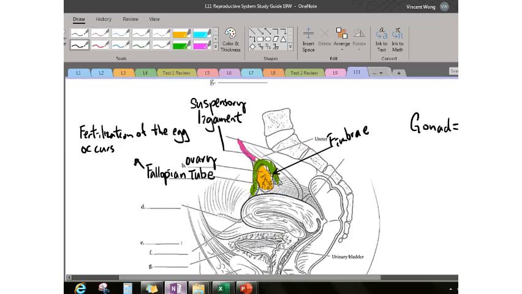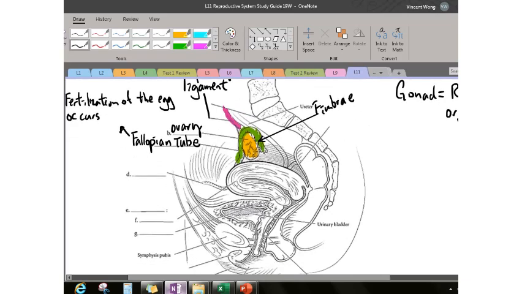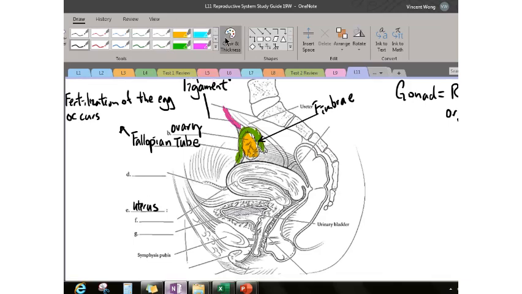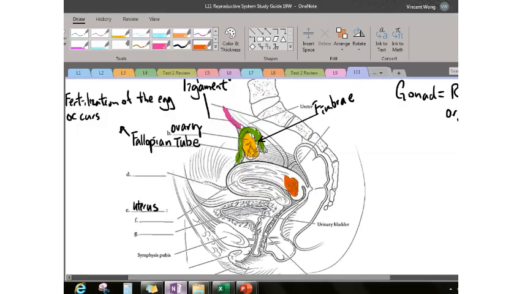Okay. So the egg, if it's fertilized, will be implanted into the uterus here, and the uterus is this label. So this whole thing is the uterus. Let me color it in first, right there.